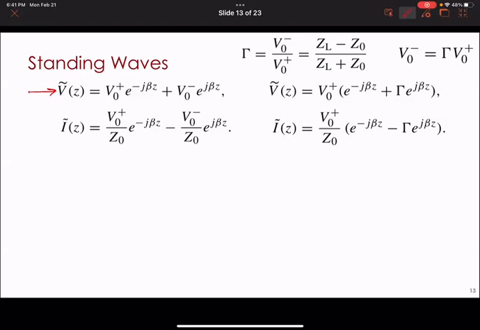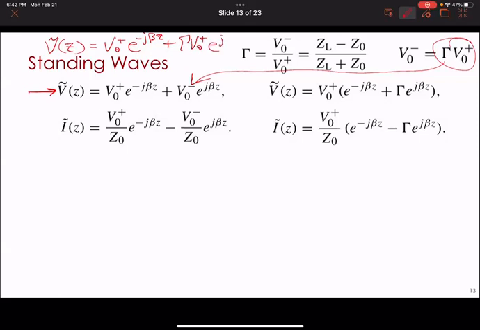All right, well, what could we do here? Well, we could say V0 minus equals that thing, right? So I could write this as V at Z tilde, V0 plus e to the minus J beta Z plus gamma V0 plus e to the J beta Z. We can factor out the V0 plus.